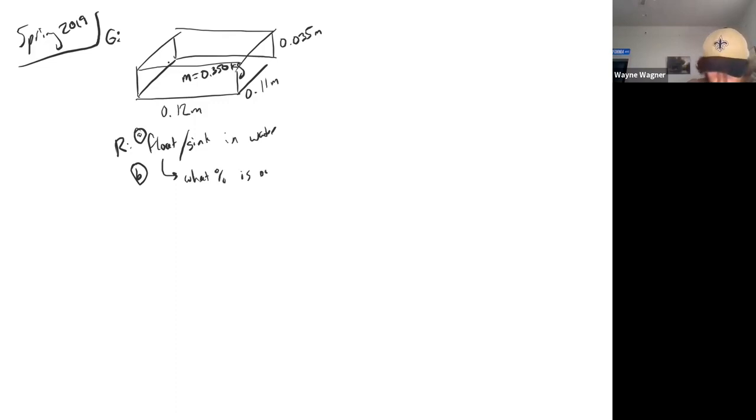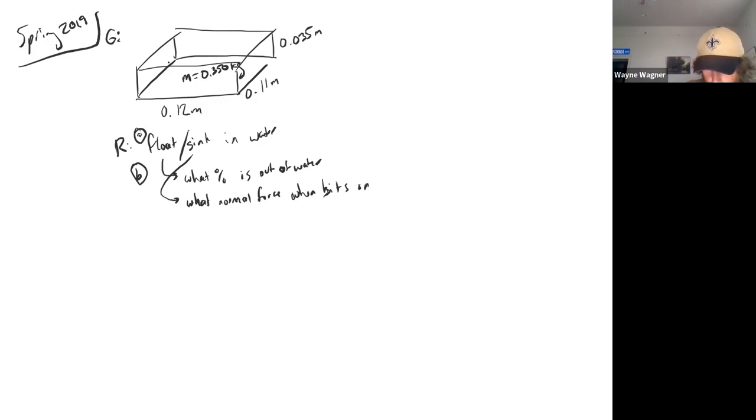If it sinks, what's the normal force when it sinks to the bottom of the tank, when it sits on the bottom?